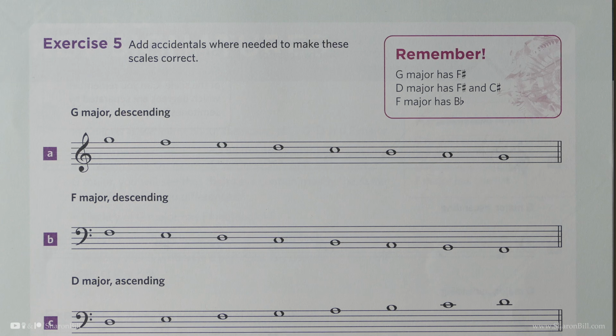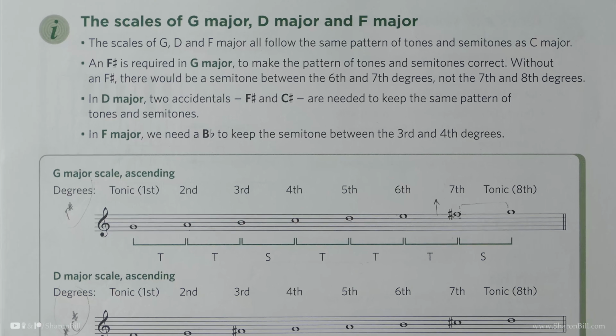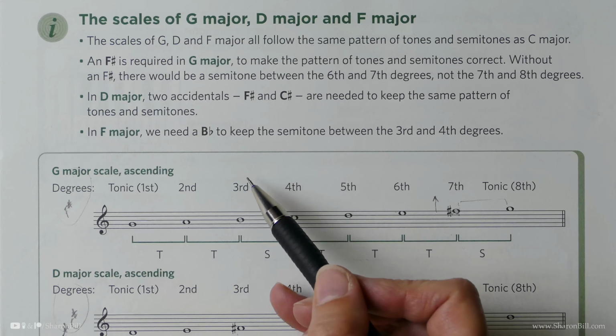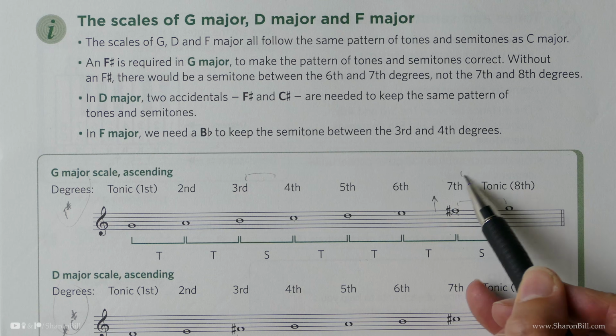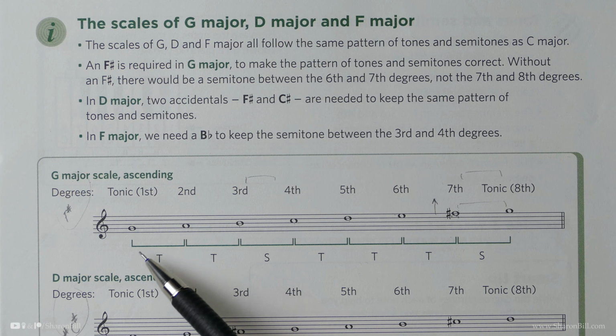Moving on in the topic of scales, we now get to work through some exercises to just refresh our memory on everything that we've learned so far in this topic. And so we've discussed how, if we just refer back to the previous page, 32, we've already learned how steps 3 to 4 and steps 7 to 8 are always semitones to make the major scale pattern.